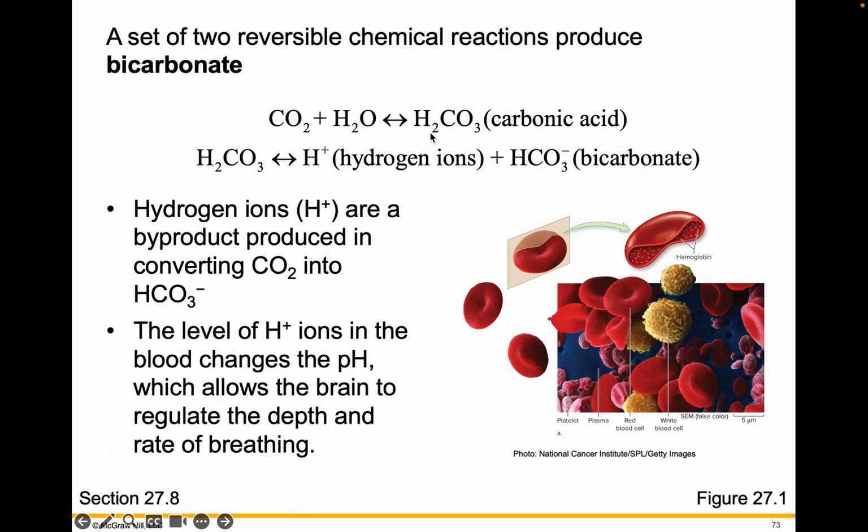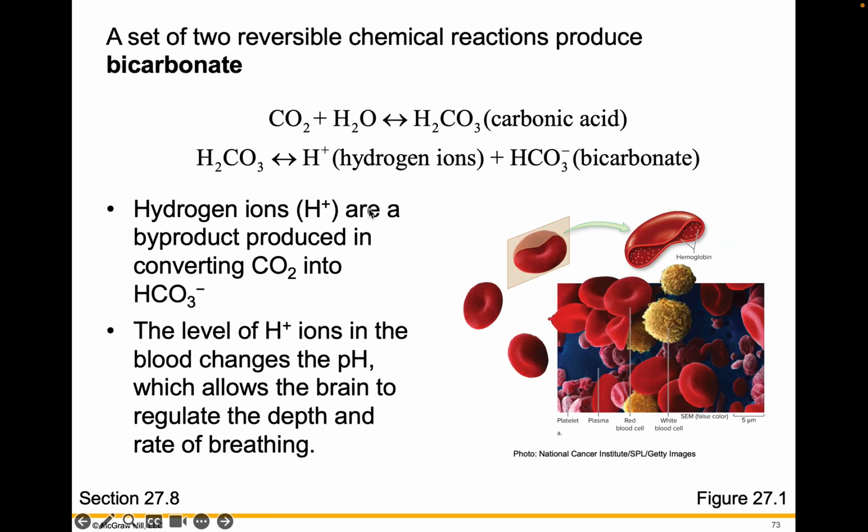So if you're breathing harder, right? Like if you're exercising, you're going to have more carbon dioxide gas that's building up in your bloodstream, right? And that lets your brain know that you need to breathe more to relieve the body of this CO2 burden, right?